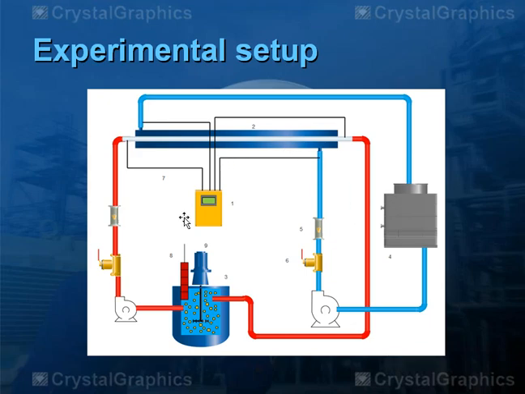This is the experimental rig configuration. The double pipe heat exchanger is connected with the cold stream in the shell and the hot stream in the tube. The cold stream is connected to a cooling tower.